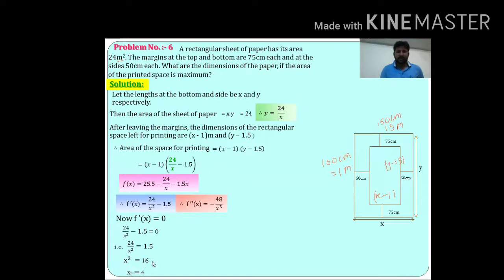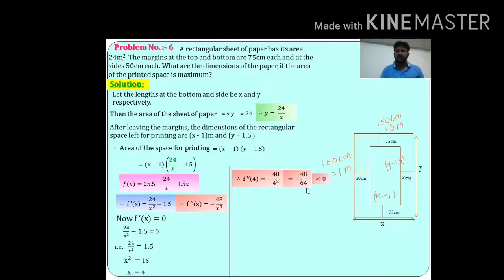x is obtained as 4. Substitute this value x equals 4 in the second derivative. So we obtain f double dash of 4 equals minus 48 by 4 cube, which is minus 48 by 64. This is negative, less than 0. Hence, the area of the printed space is maximum.